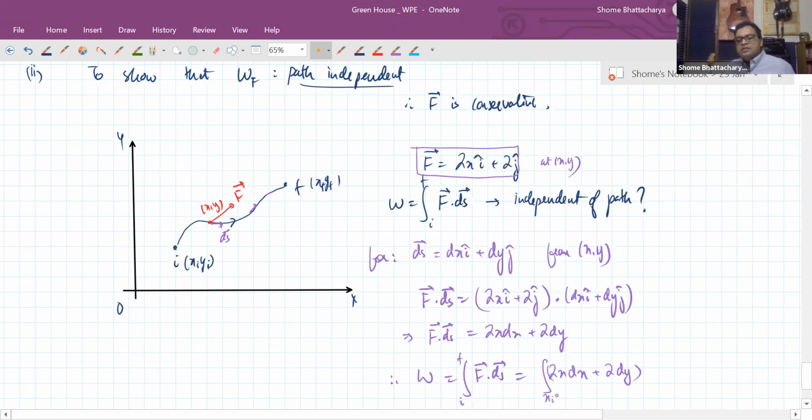So this will be x initial, y initial to x final, y final.